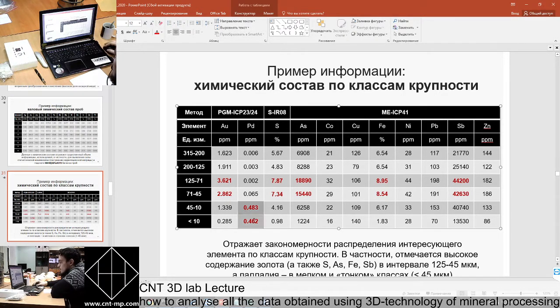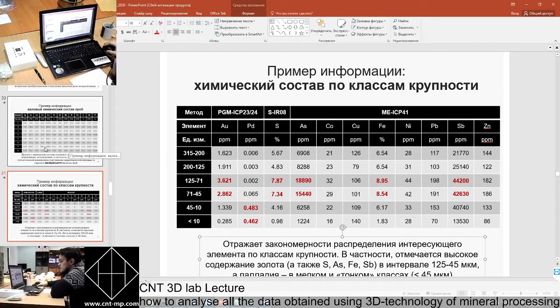And also we highlighted that the finest fraction, 45 to 10 microns, contains a lot of palladium here. So palladium is mainly concentrated in the finest fraction. This was the main goal of that report.